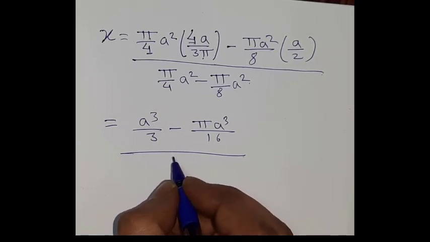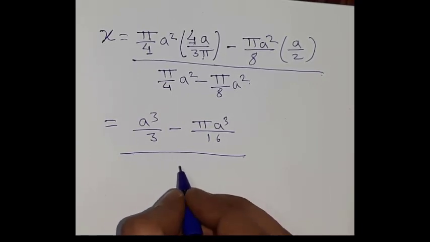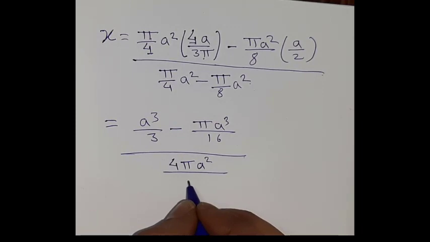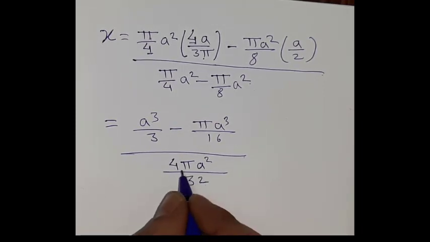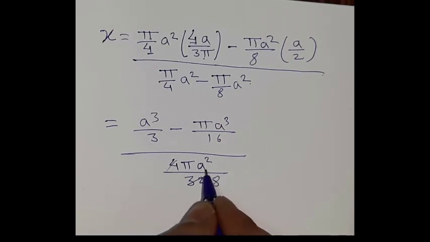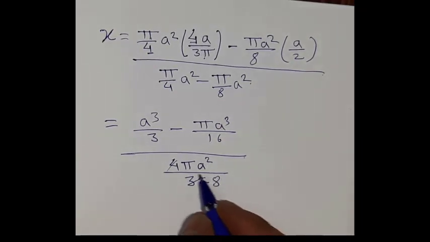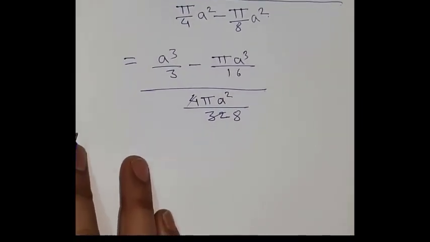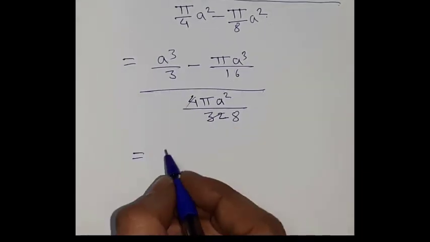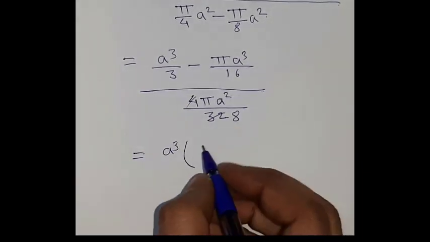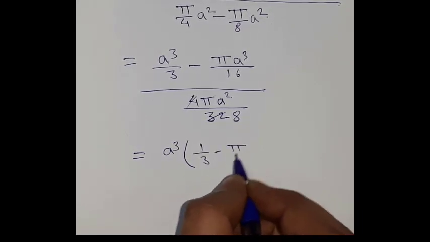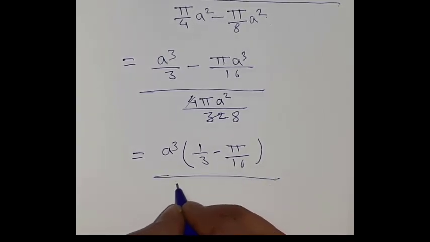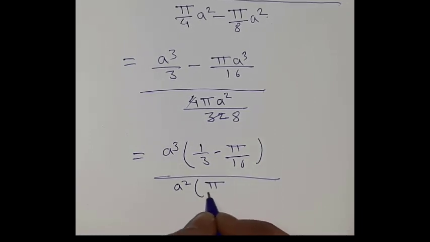The whole is divided by 4 pi a square divided by 32, so that will be pi a square by 8. Solving again, we can take a cube common: a cube into bracket 1 by 3 minus pi by 16, divided by a square into bracket pi by 8.